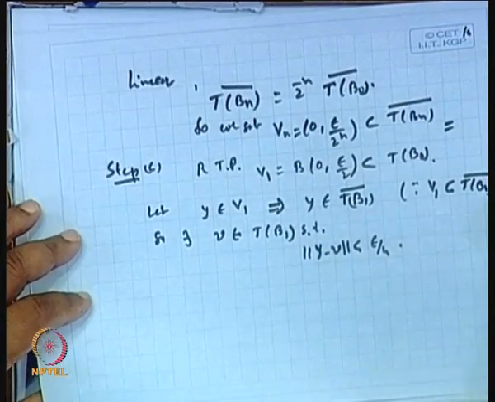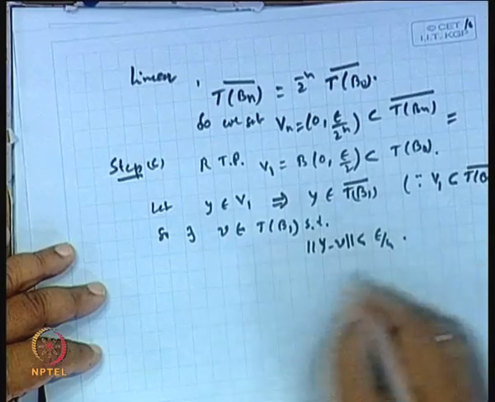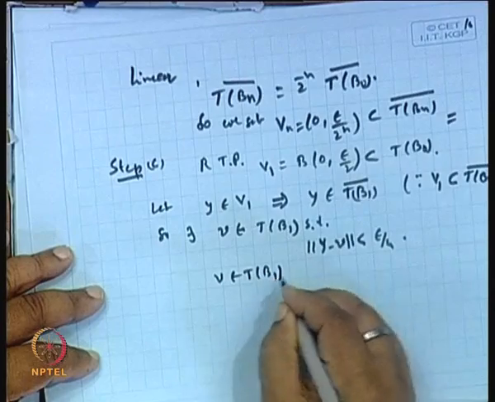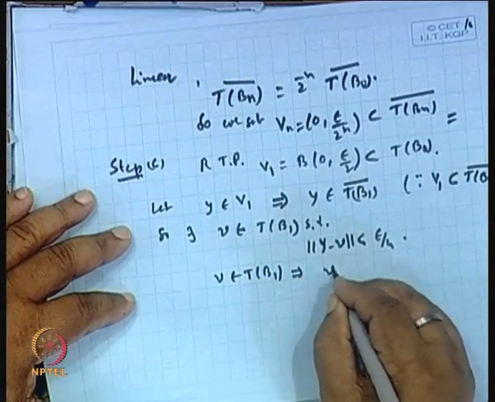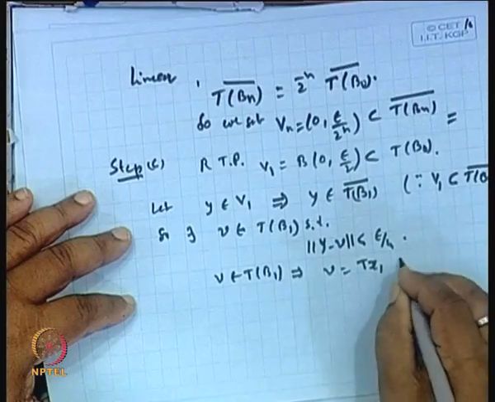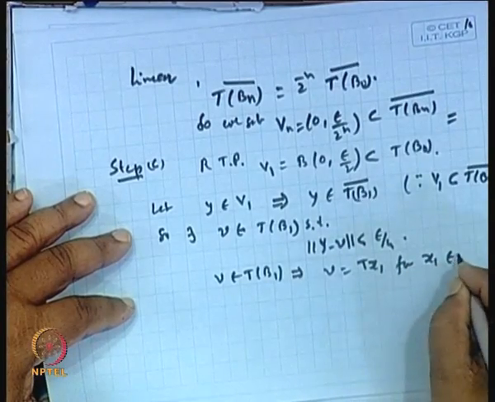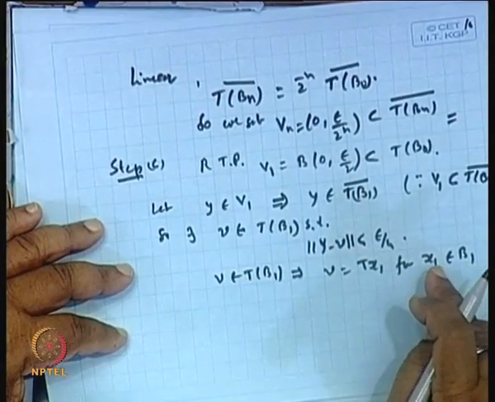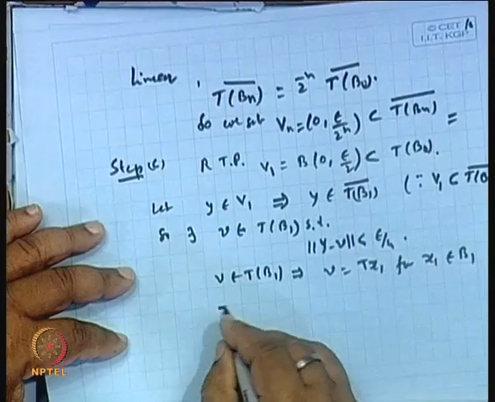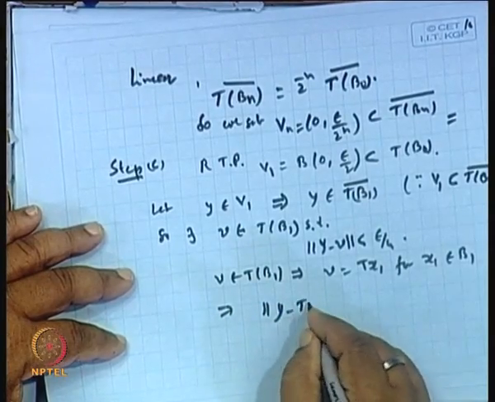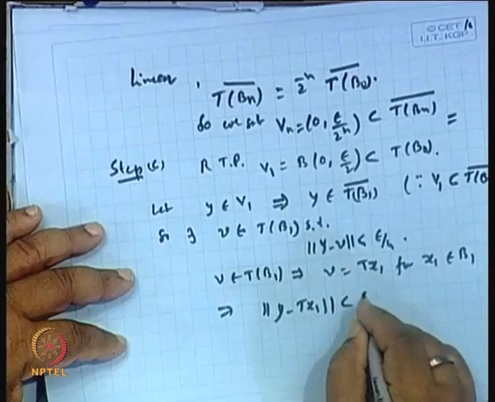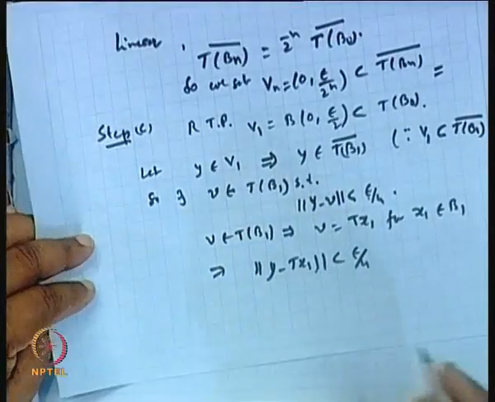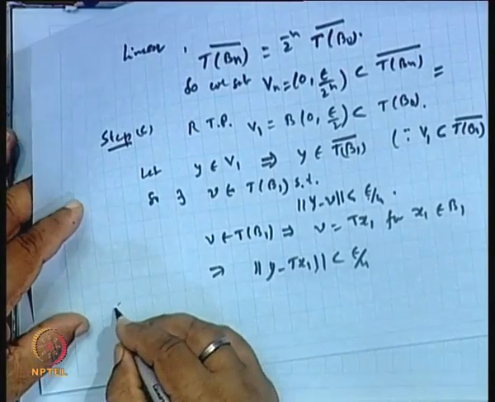Now, v belongs to T B1 implies that v is of the form T x1 for some x1 belonging to B1. Again T x1 and y will be very close. So, we get the norm of y minus T x1 is less than epsilon L by 4, and from here take n equal to 2.